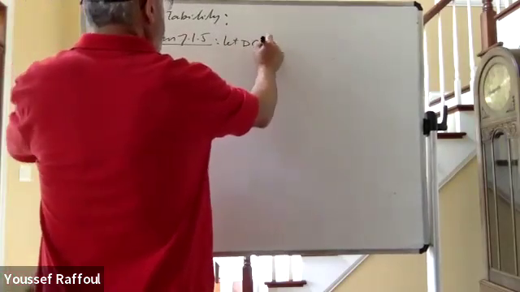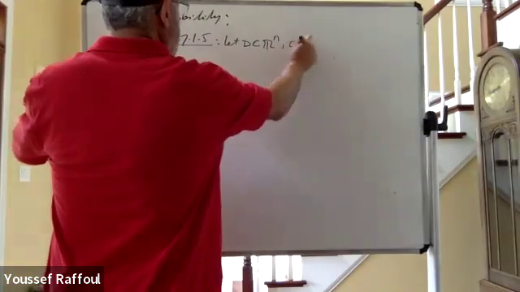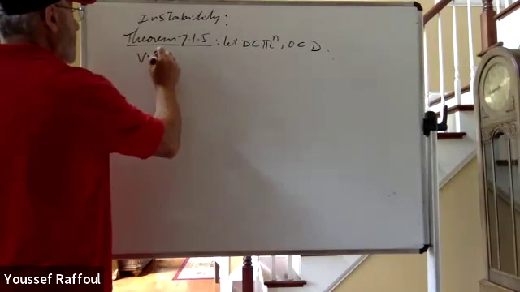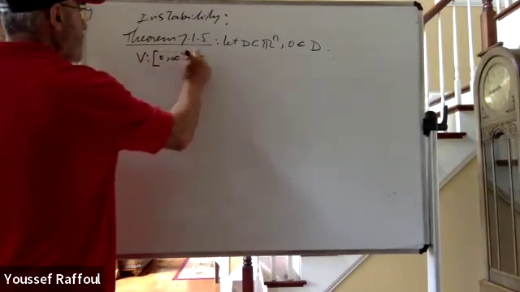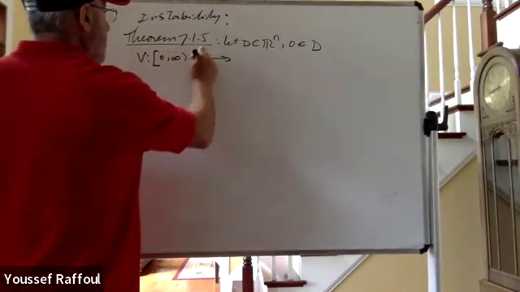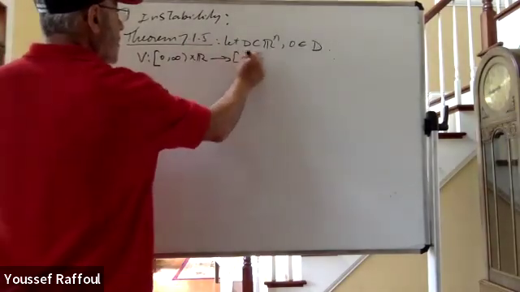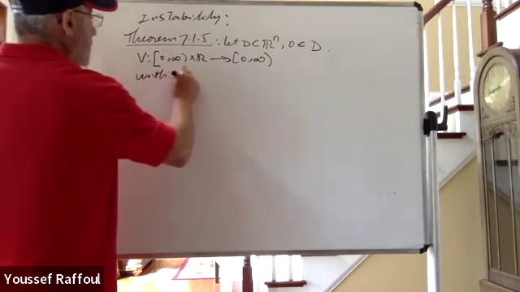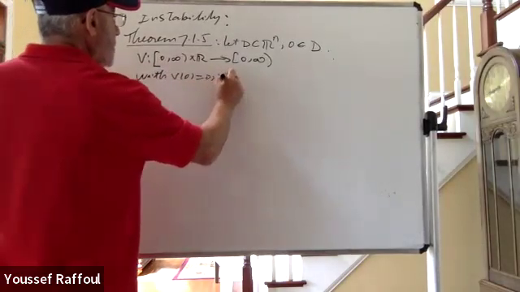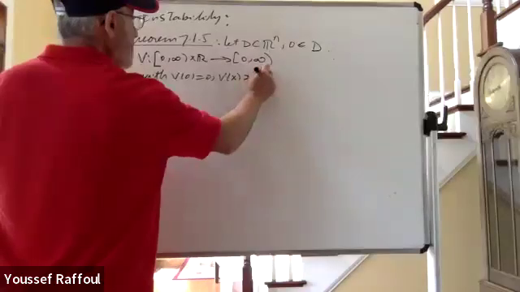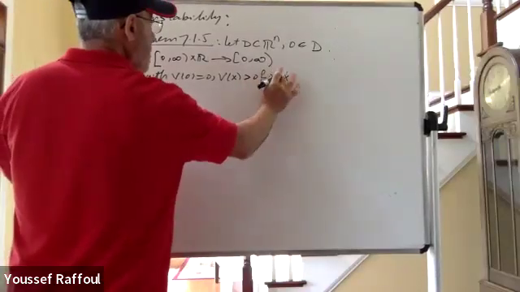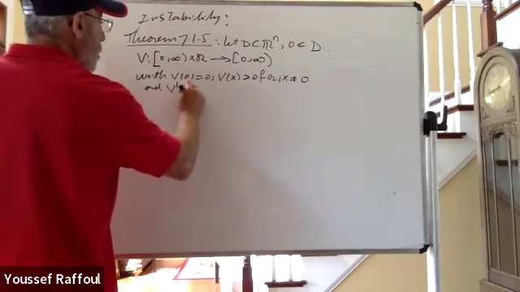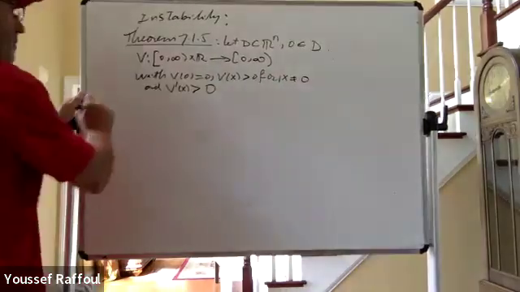Let D be in Rn, 0 in D, and let V be from 0 to infinity cross D cross R into 0 infinity with V of 0 equals 0. V of x is bigger than 0 for x different from 0. And V prime of x is positive.